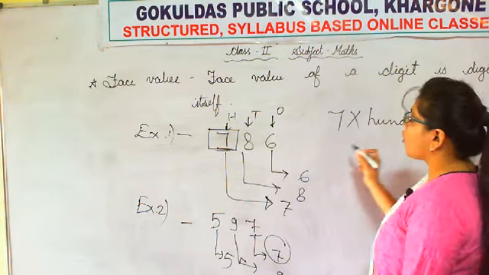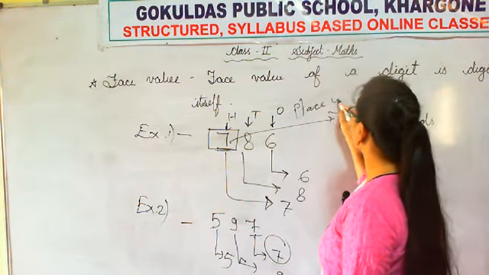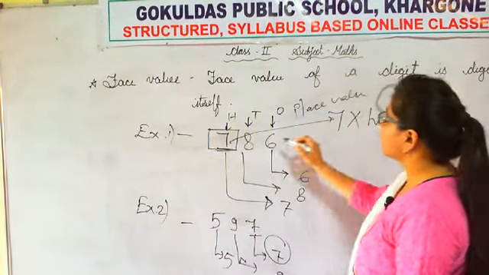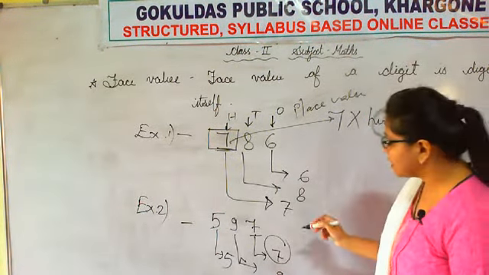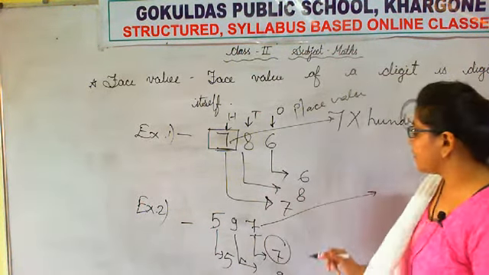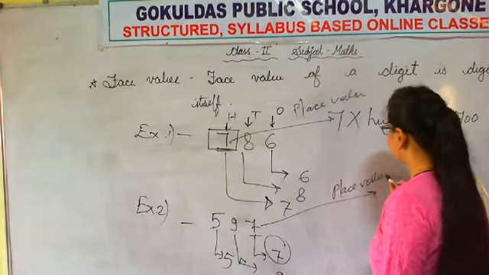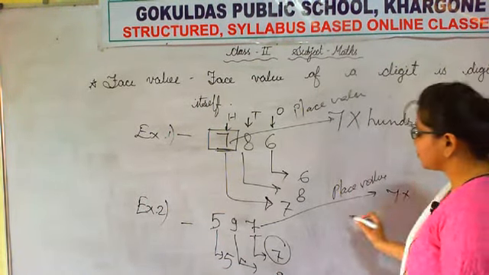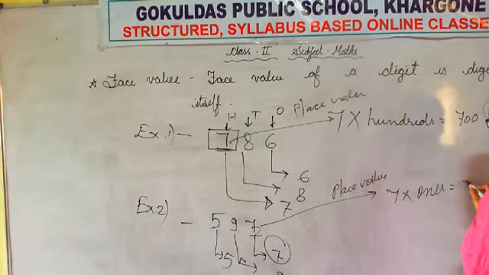The place value of this 7 in 786 is 700, and the place value of 7 in 597 is, on which position is the 7 situated? Ones. So 7 ones means 7.